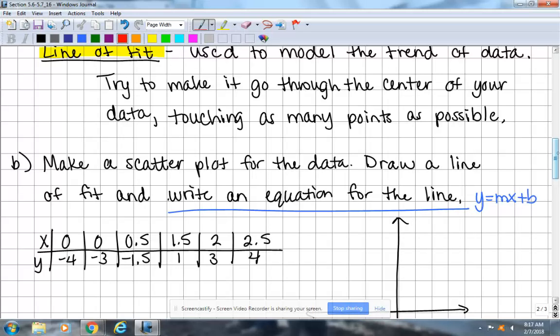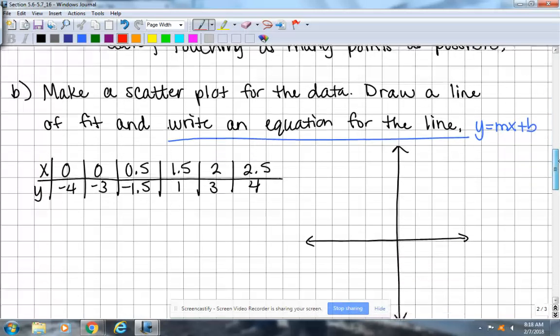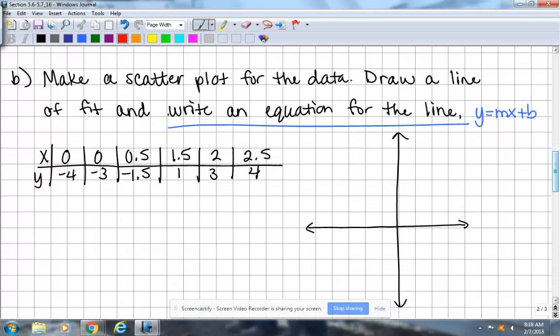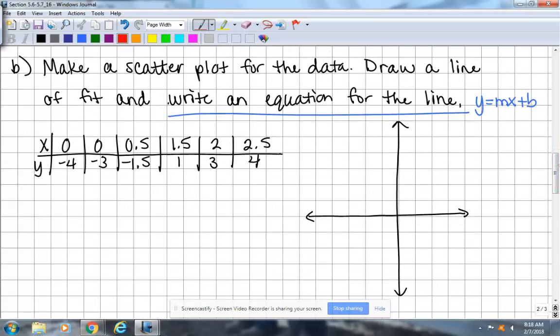So what we're going to do now is we're going to make a scatter plot. And then we're going to draw a line of fit through the scatter plot. And then we're going to write an equation for our line. Okay?